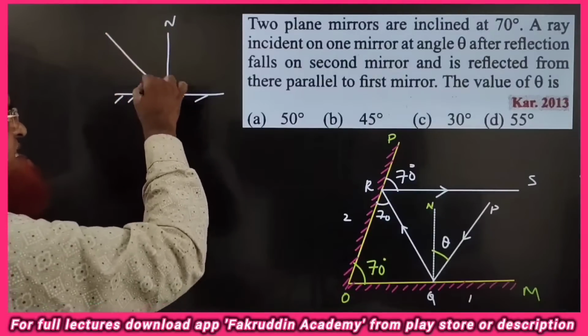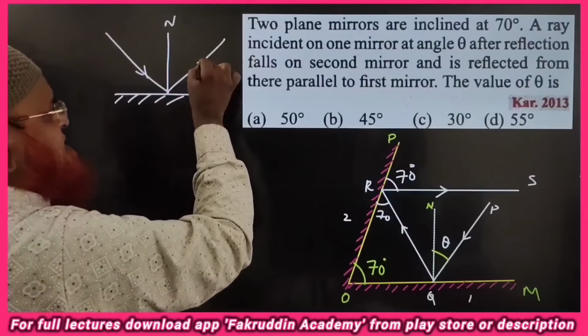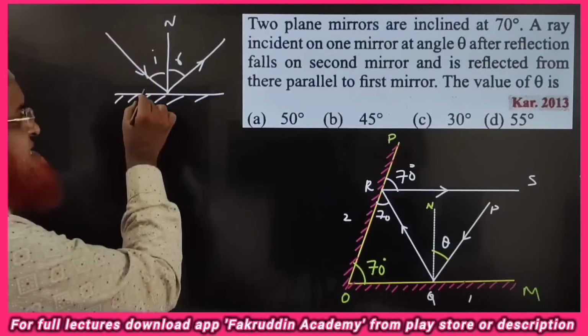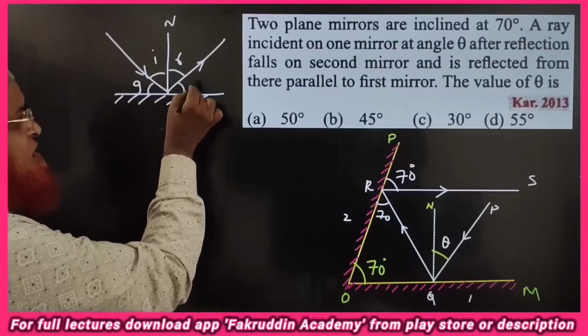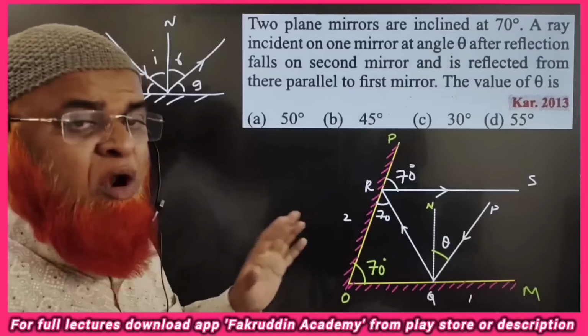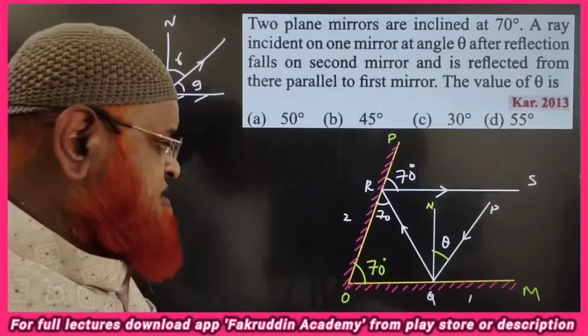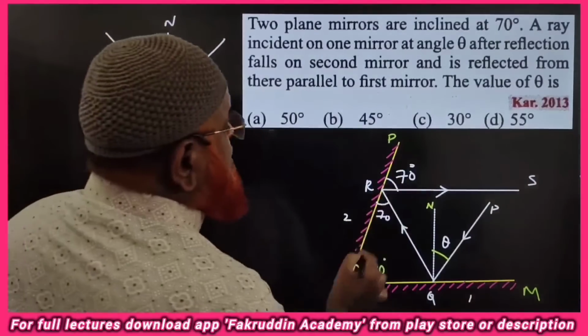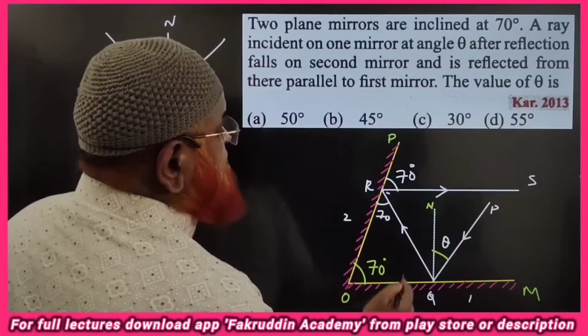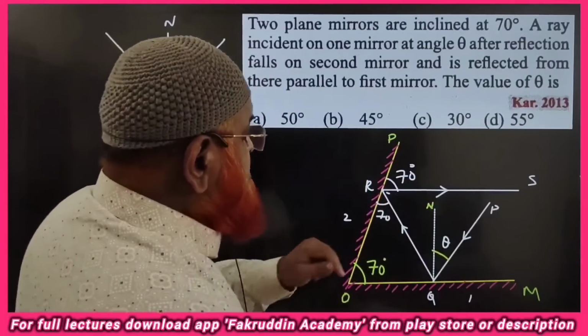A light ray strikes in this direction and reflects back. Angle of incidence is there, angle of reflection is there. This is said to be the glancing angle, and this is also the glancing angle. These two angles are always the same. You just remember that concept. This is taken as the normal here. So these two are glancing angles and they are going to be the same.